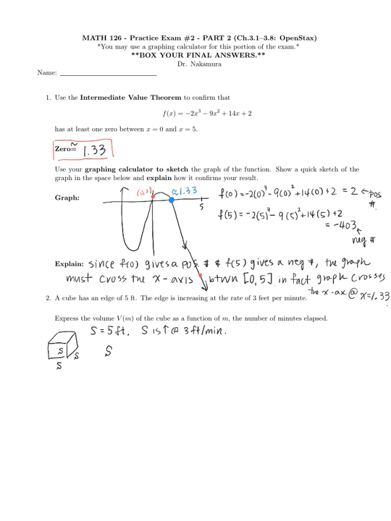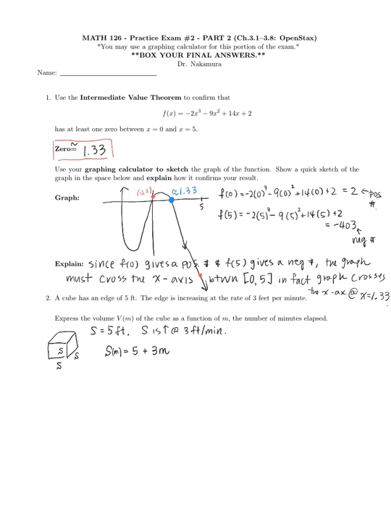So our edge or the side is starting from 5 feet, and it's going to go 3 feet per minute. So I'm just going to call it 3 times m, for minutes. Now notice that I just made this into a function of m. So I'm going to call this S of m.